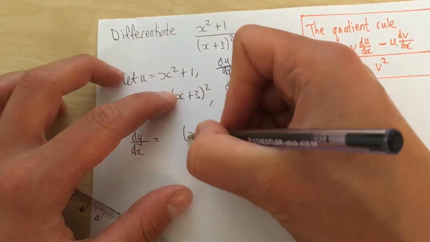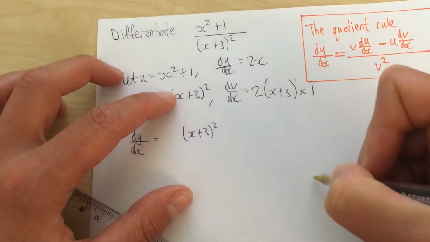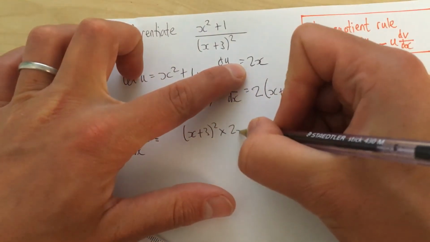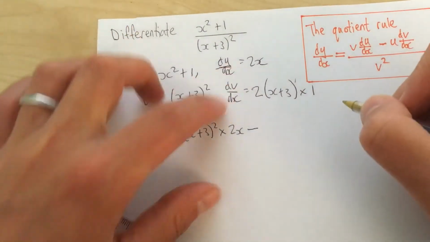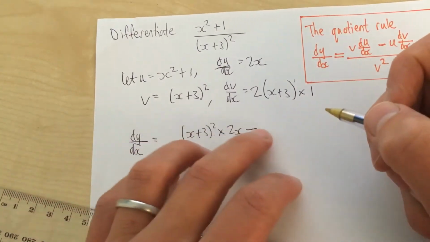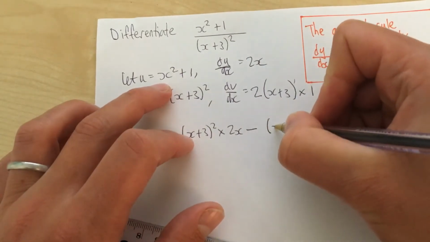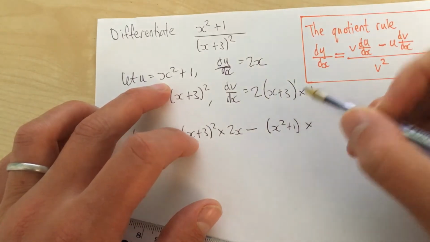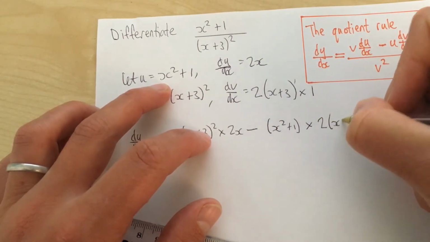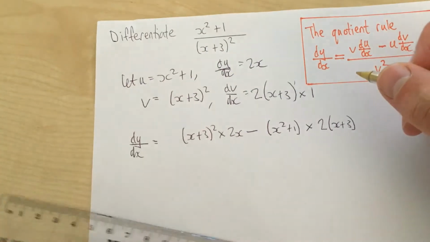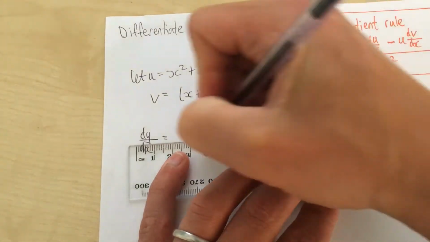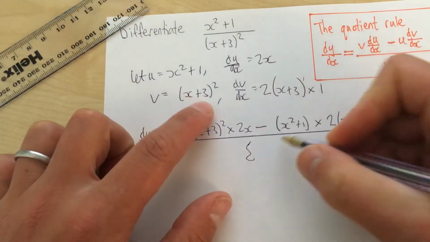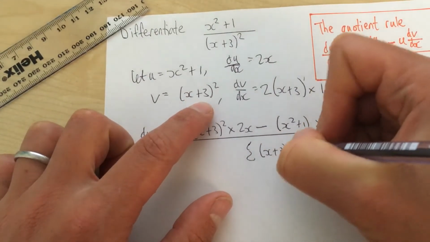There's v, x plus 3 all squared, multiplied by du/dx, which is 2x, take away u, which I put in brackets there, x squared plus 1, multiplied by dv/dx, which here is 2 lots of x plus 3. And that is all over v squared. So using some wiggly brackets there, we've got x plus 3 all squared.